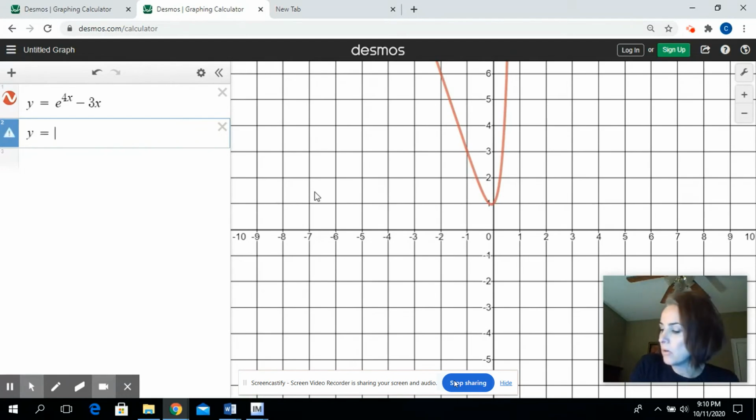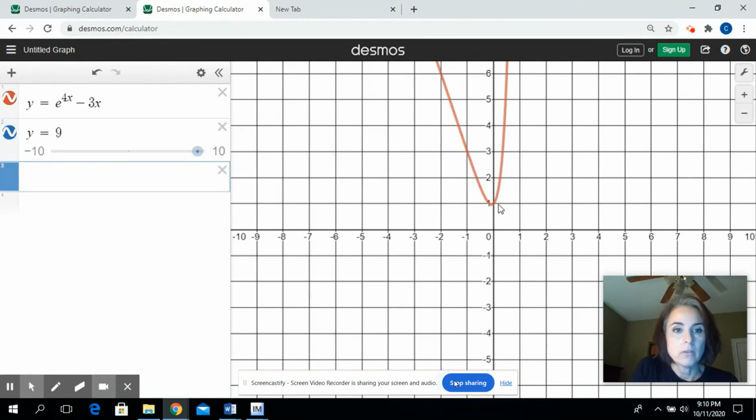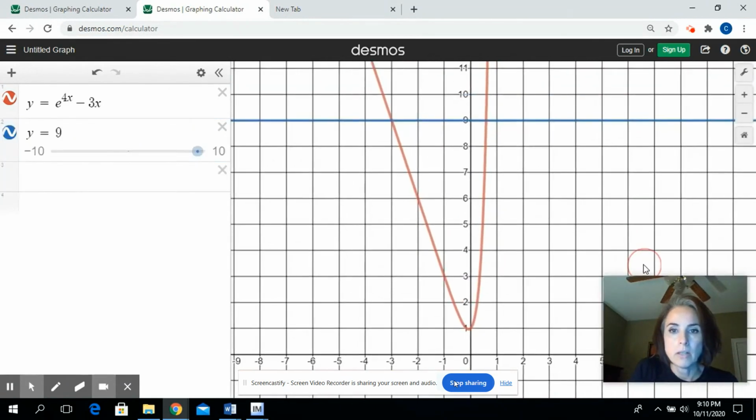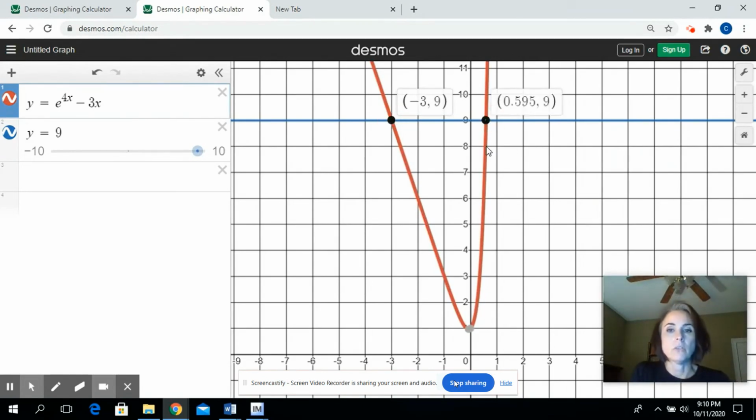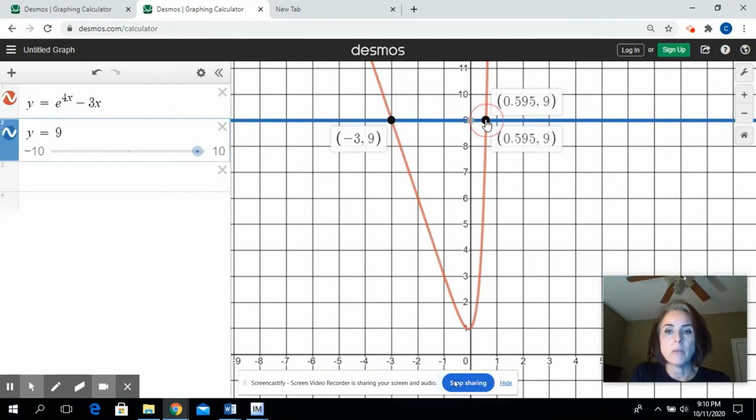And then y equals 9. If you click on one of the graphs, no matter which one, it'll show you the intersections.